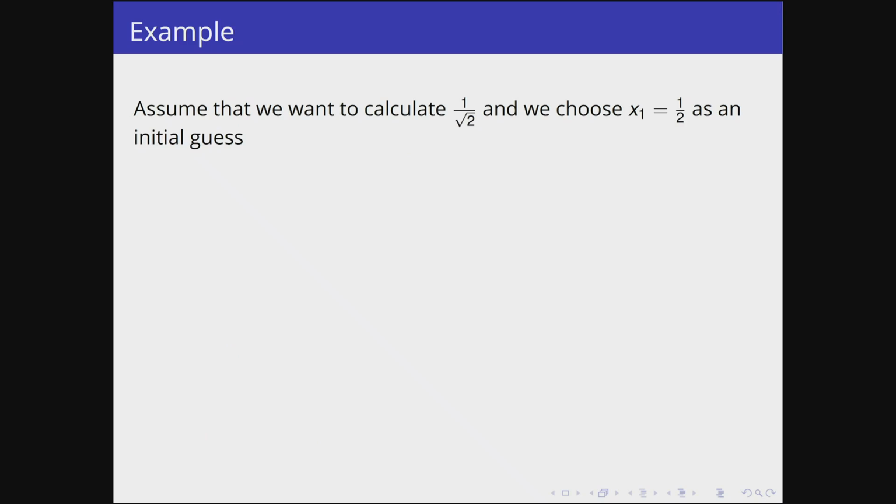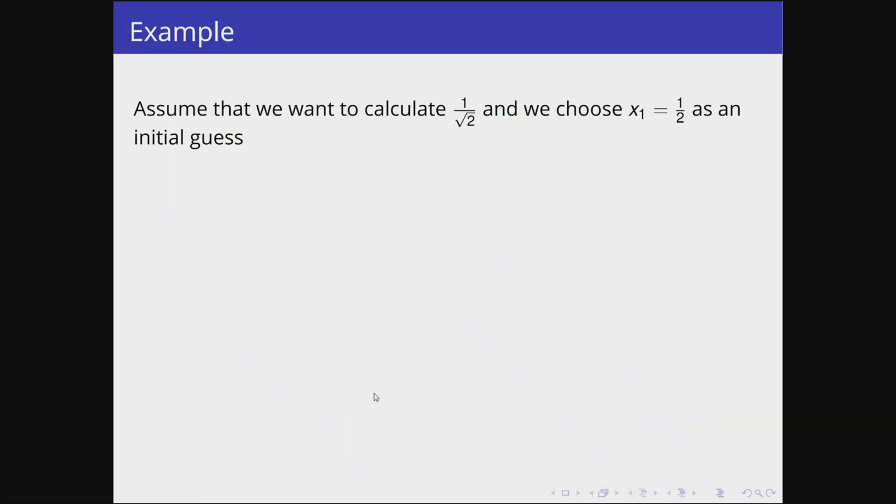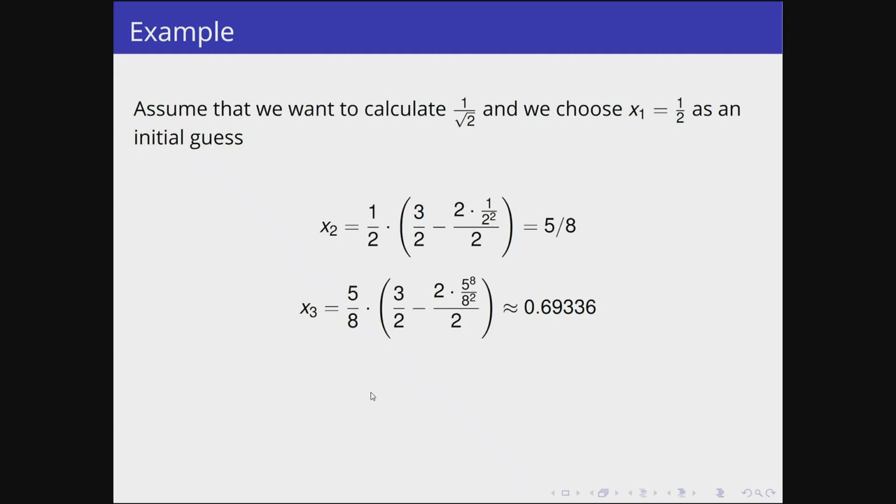Okay, so now we are going to see what happens if we choose an OK starting point. If our initial guess is 1/2, then in the first iteration we get 5/8. The second iteration we get something that is quite close to 0.7.